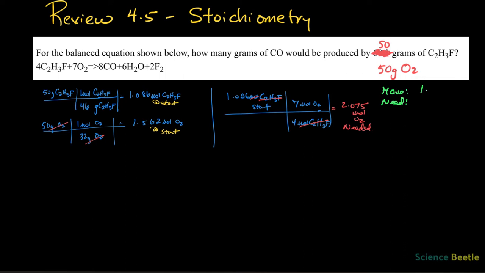We have 1.562 moles to begin with, and we need 2.075. If we subtract what we need from what we have, notice here that the value that we're going to get is a negative number. And because it's a negative number, that means that the oxygen is limiting, because these values here represent oxygen's values.